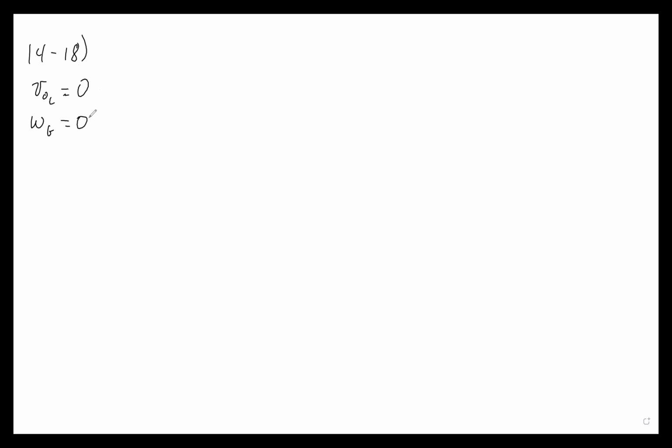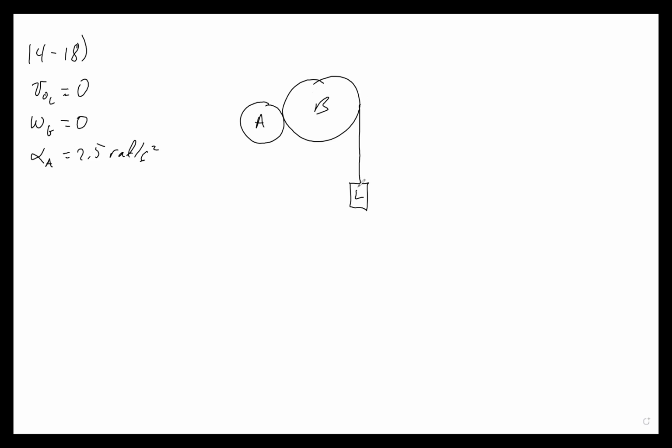And then they tell us that the smaller gear A gives a constant angular acceleration of alpha A equal to 2.5 radians per second squared. I'm not going to put a lot of detail into this, but we have the smaller gear A and the bigger gear, we'll call it B, and then the load L, just so we can keep track of things.